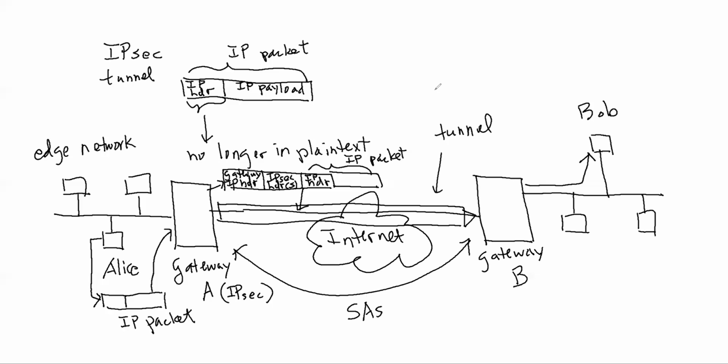So this is called a single tunnel. But then you can imagine that I can have one more or multiple gateways in the path from A to B, right? So that looks like this.